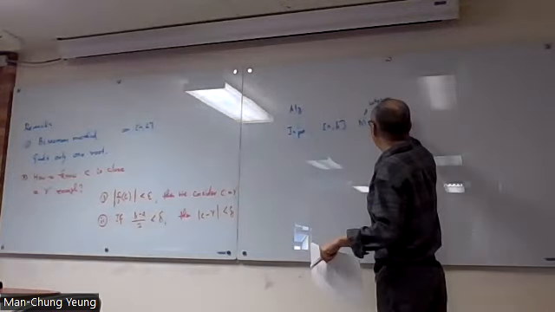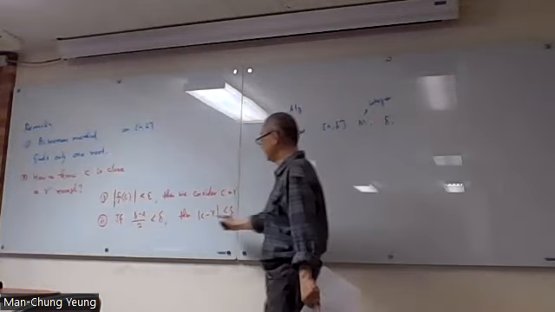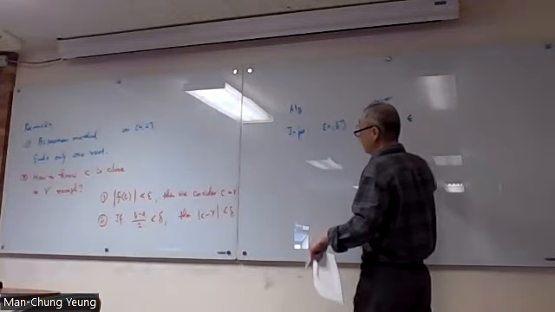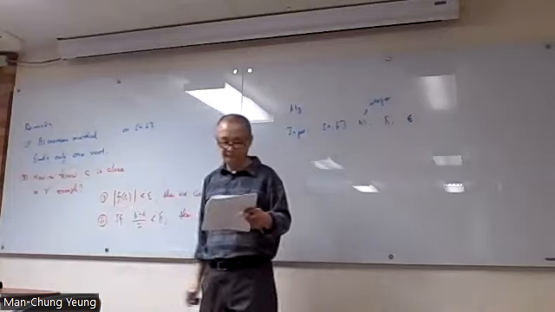Delta, a small number, and then epsilon, also an input.